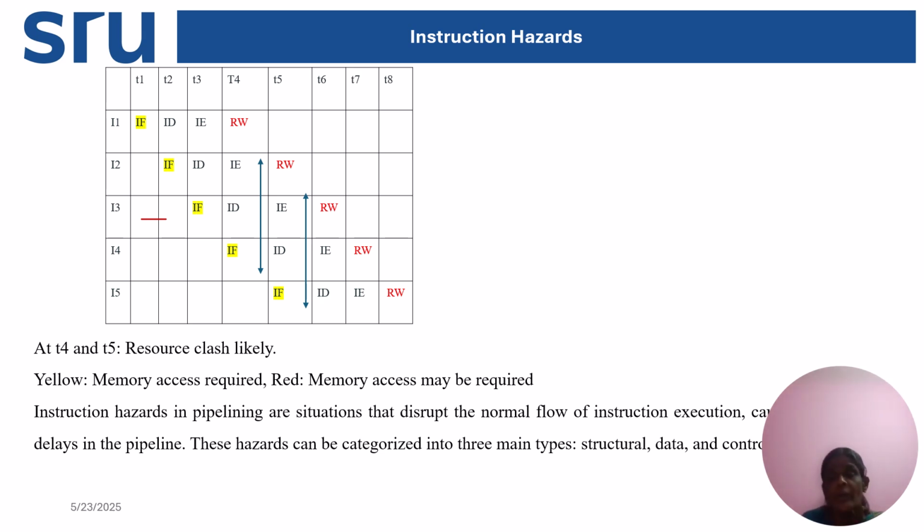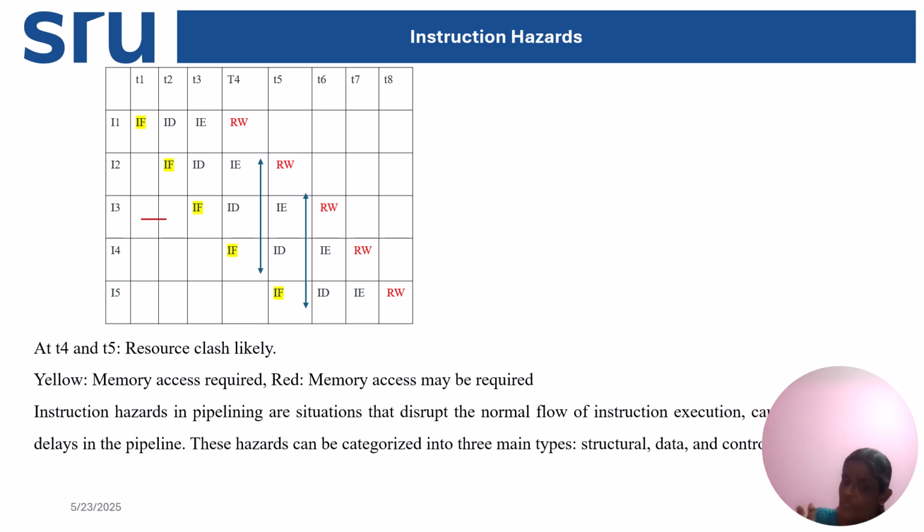Because of the hazard, instruction hazard. We are seeing here instruction hazard. So in this way, in the data hazard the error will occur only in the data. But in the instruction hazard, clashing of the two stages of different instructions will occur. That is the instruction hazard.